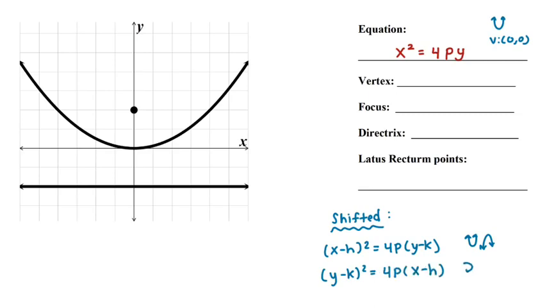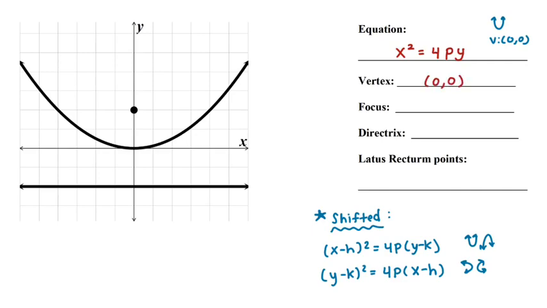That is for a right or leftward facing parabola. y is always squared when our parabola opens left and right. These are really the equations we're going to be focusing on, rather than the one I wrote up above. In a shifted parabola, we stick with the vertex as (h, k), but in the red equation up there, x squared is equal to 4py, the vertex is 0, 0.